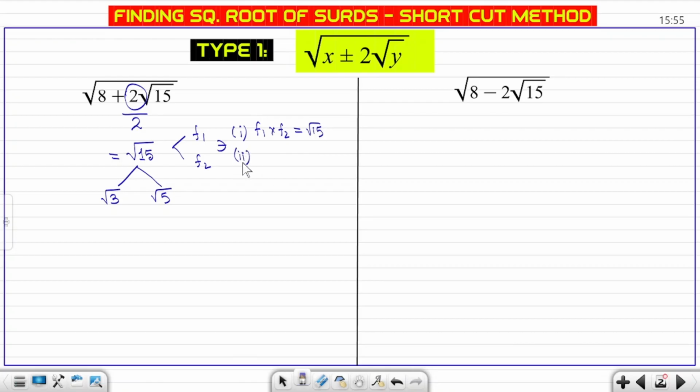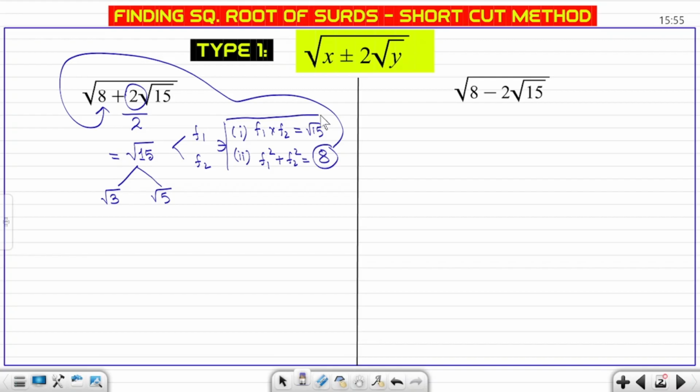The second condition is that if you square and add both the factors, then you should get the real number, the first term of the surd. If these 2 conditions are fulfilled, that is, root 15 is breakable into 2 factors, and when you square and add them you get this number.